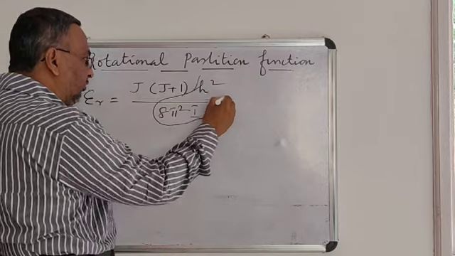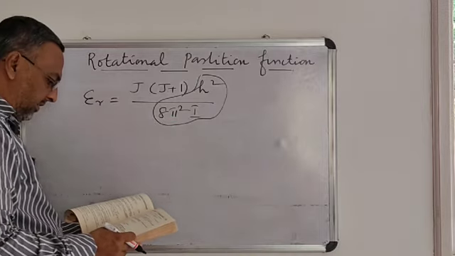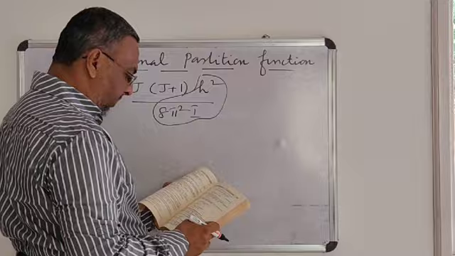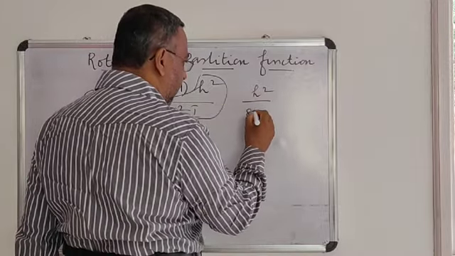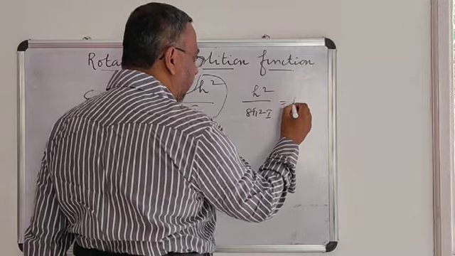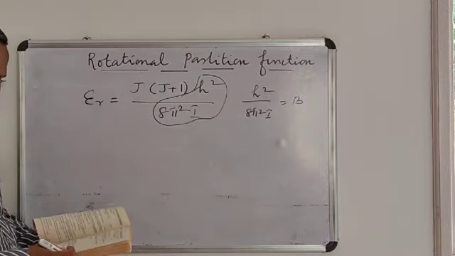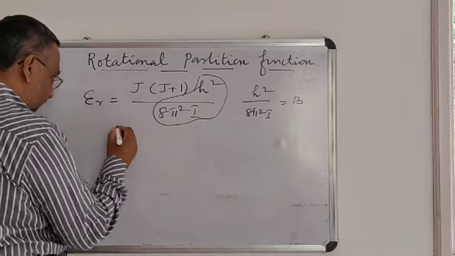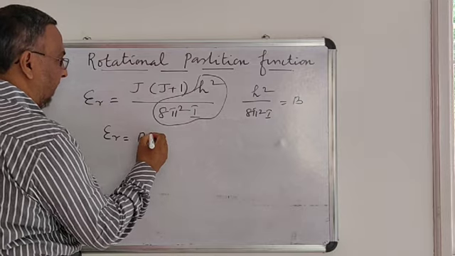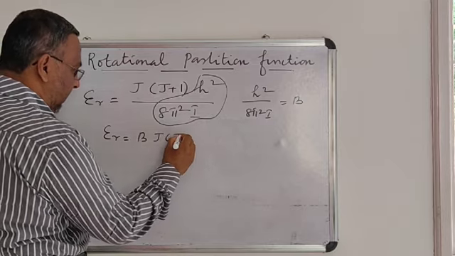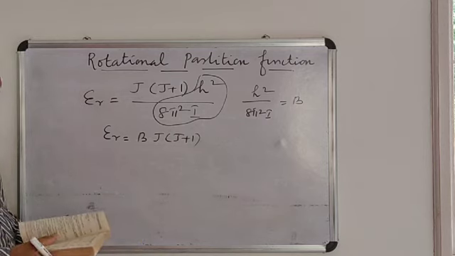Since these are constants, I can write h square divided by 8 pi square I as B, also called the rotational constant. So the energy of rotational levels can be written as B into J into J plus 1.